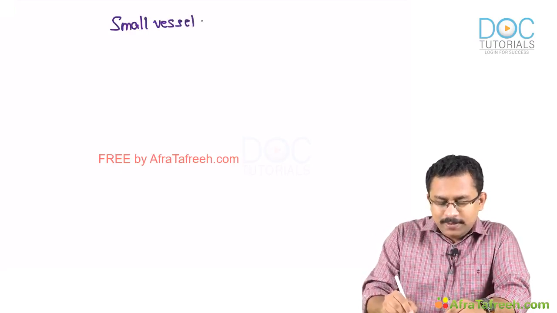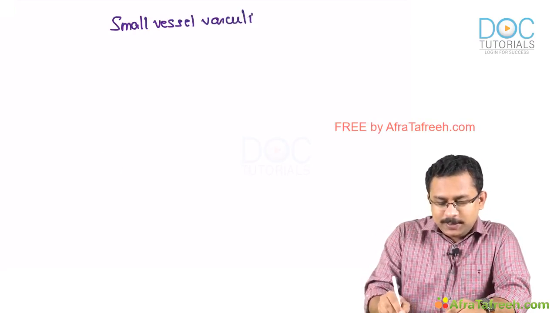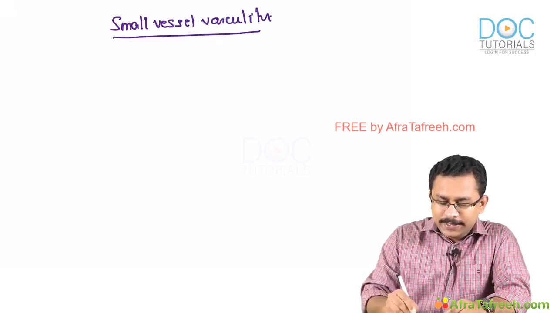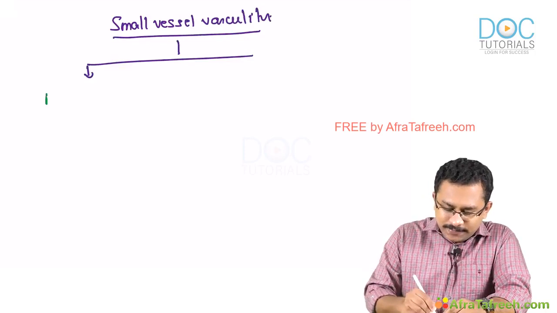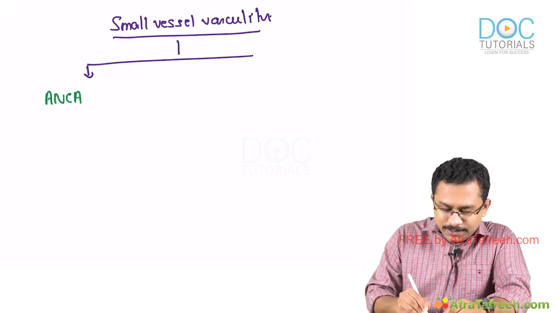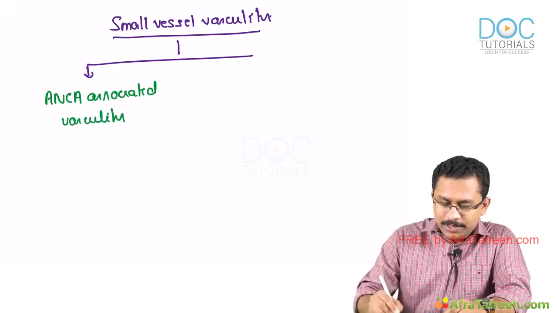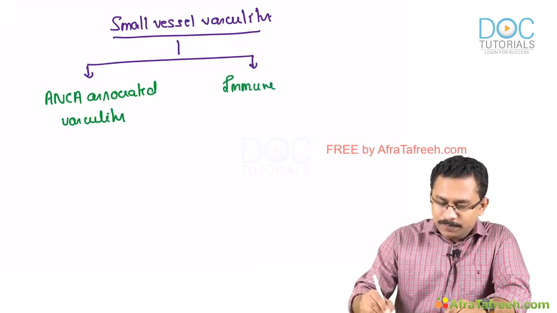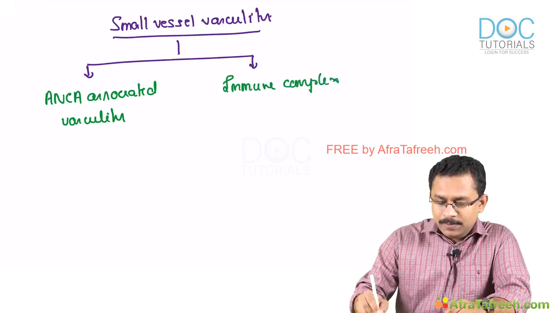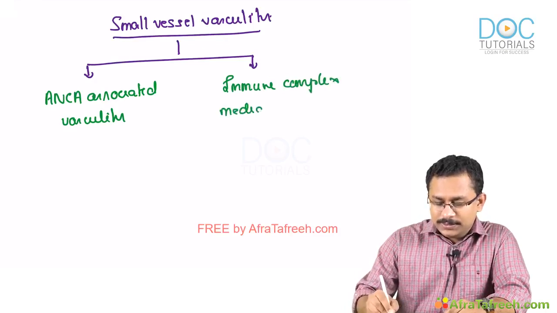So small vessel vasculitis, as I have explained before, is divided into two types. You have the ANCA associated vasculitis, and the immune complex mediated vasculitis.